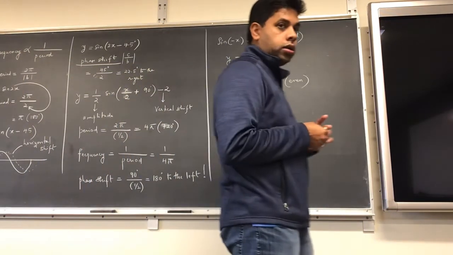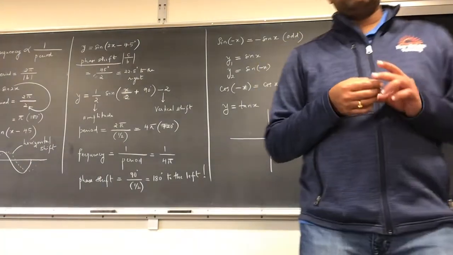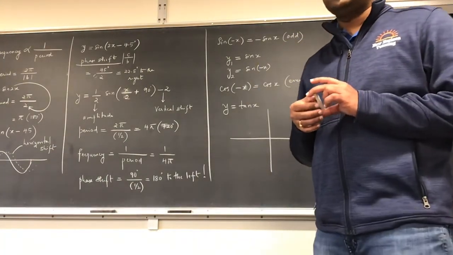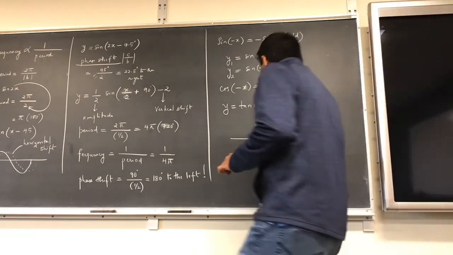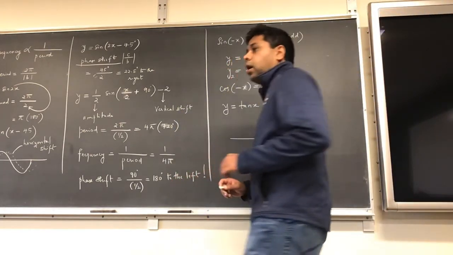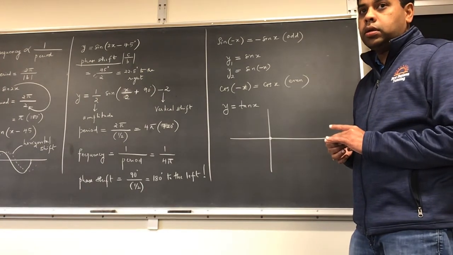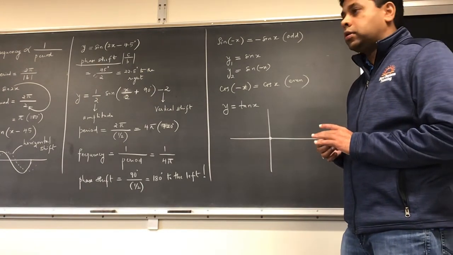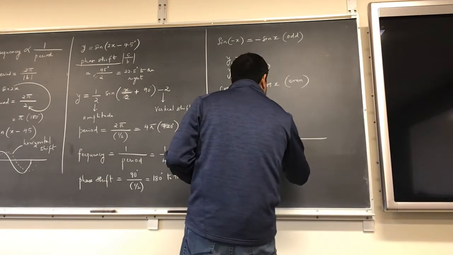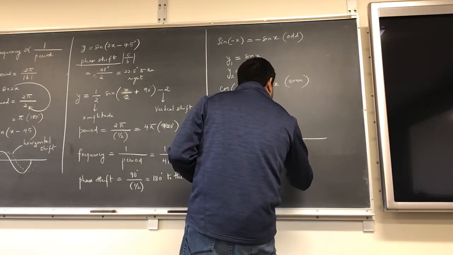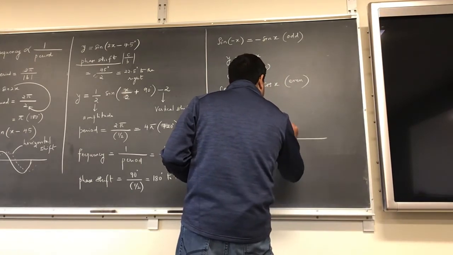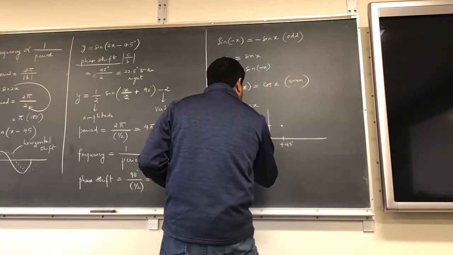Do tan 0. Tan 0 is 0, so it's right here. You with me? Do tan 45, quick. Tan negative 45. What's that?